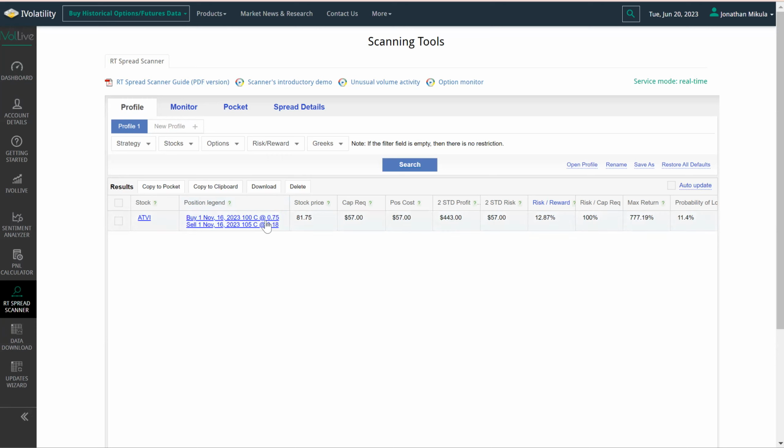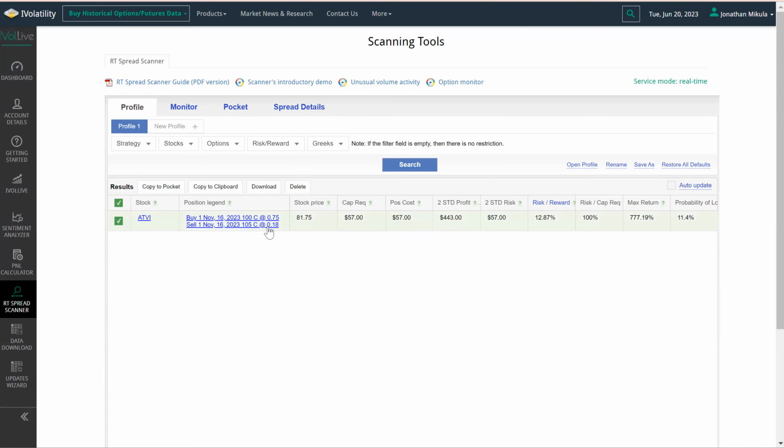With a bull vertical spread, just like with a bear vertical spread, your max potential profit is the difference between the strike prices. This is very simple. We have 105 minus 100. That's a maximum potential profit of $5, right? So $500 minus what it's costing us, $57, equals our total potential profit. This is the max we're going to earn.